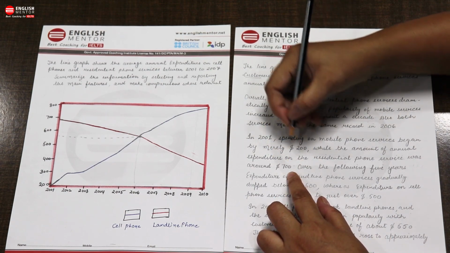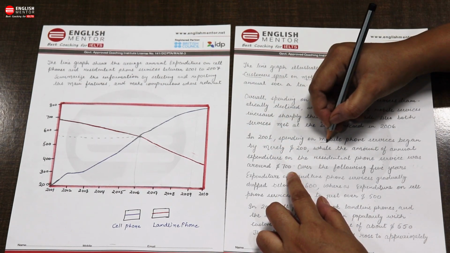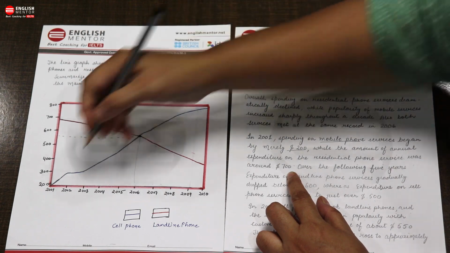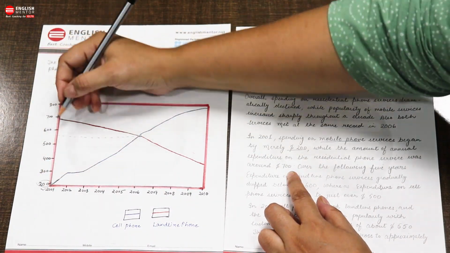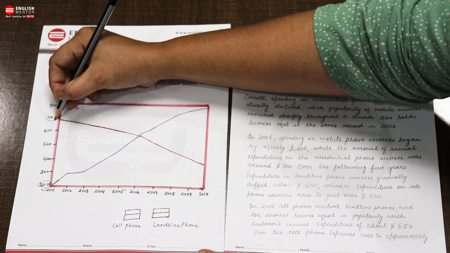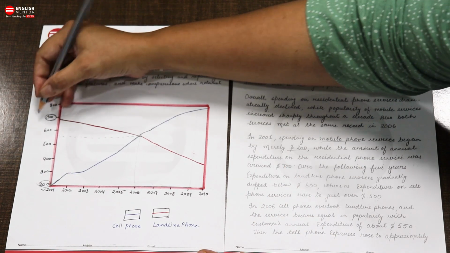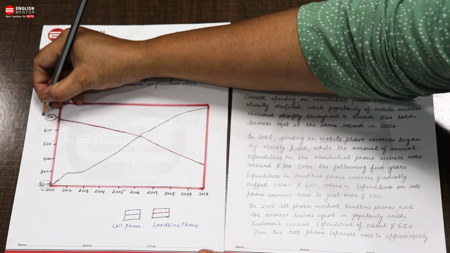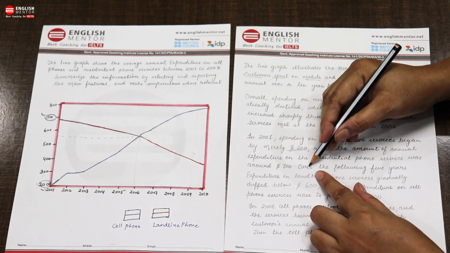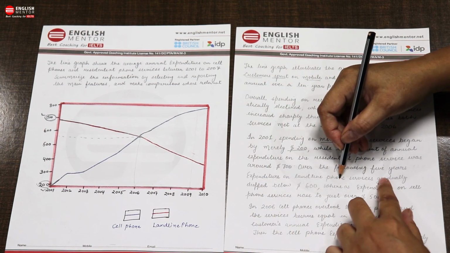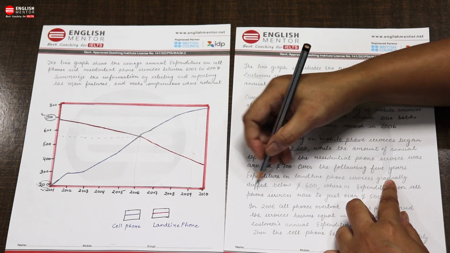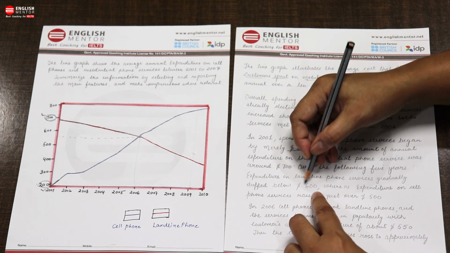So mobile phones were 200 in 2001, whereas residential phones were about 700.